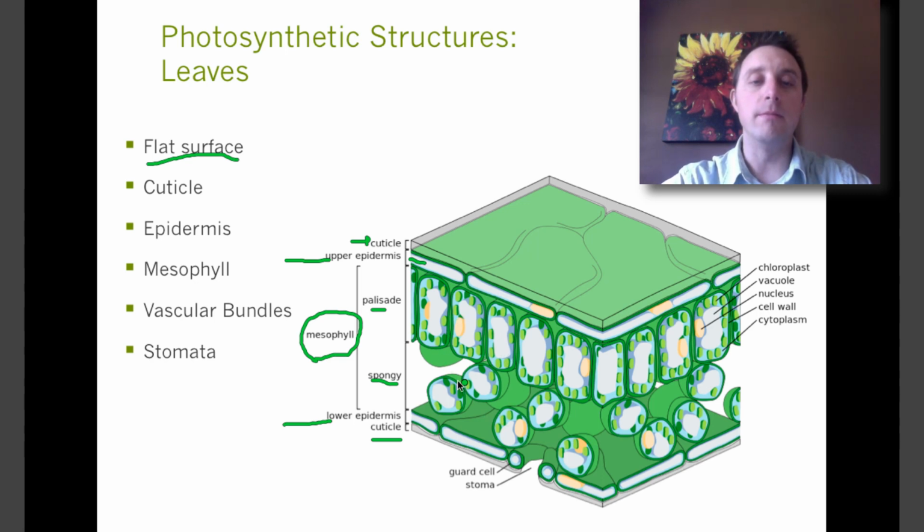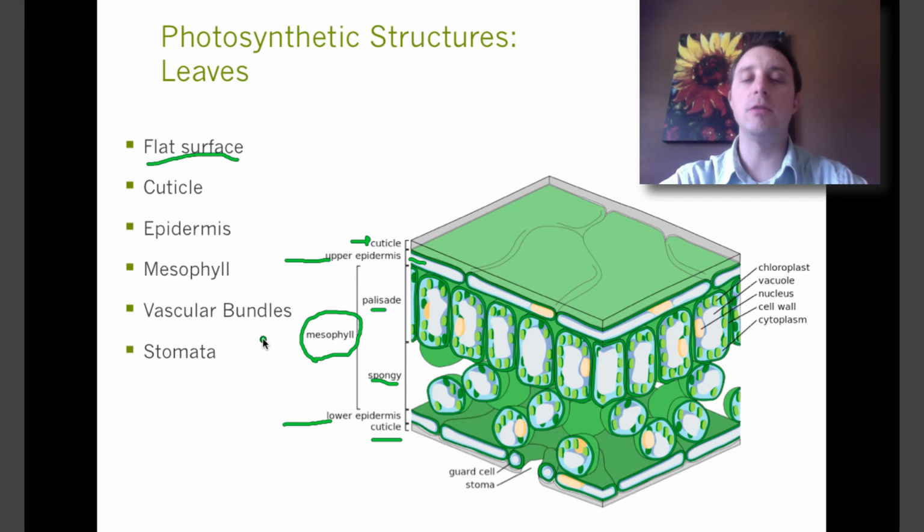These mesophyll cells, as you can see in the diagram, are packed with chloroplasts, which are the photosynthetic organelle. So this mesophyll layer is where the bulk of the photosynthesis will be happening. These are the cells that are really, really green if you look at a leaf under the microscope.